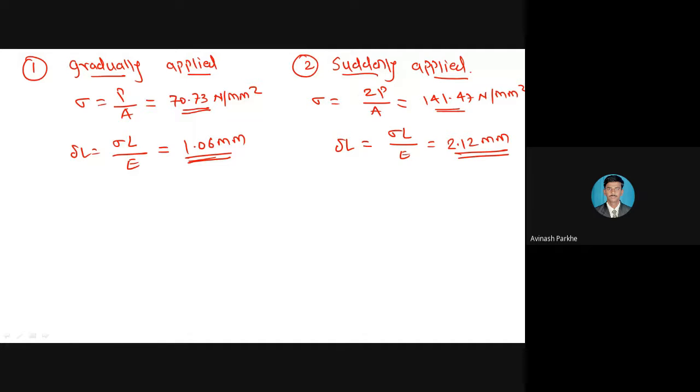This problem is very simple. Both the conditions are in the same statement. Only a single bar is there and subjected to load. Initially, 200 kilonewton is applied gradually, and again 100 kilonewton is applied suddenly.